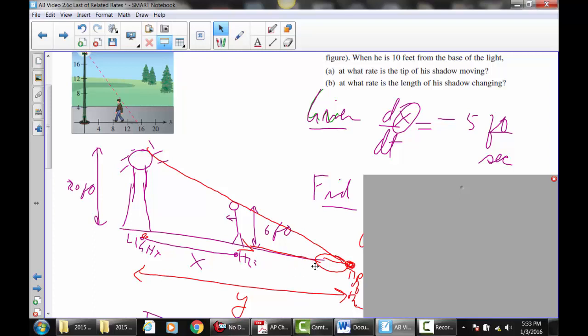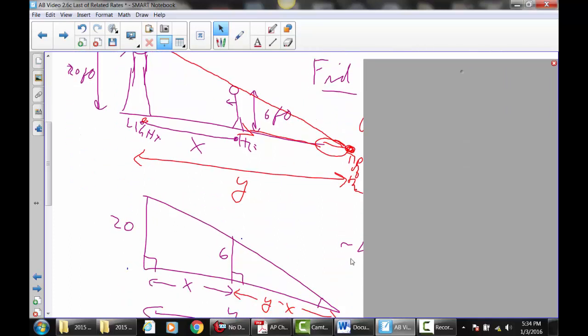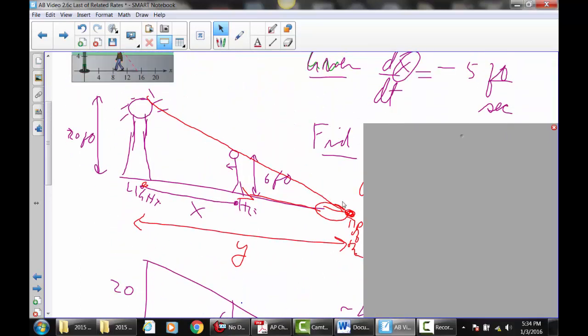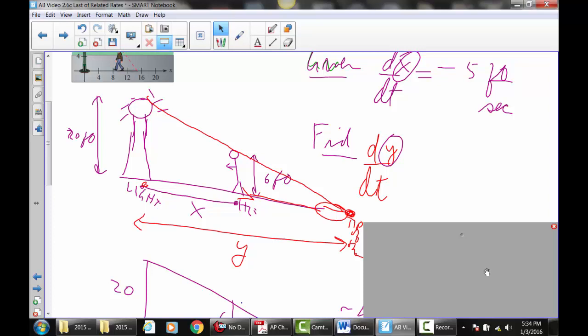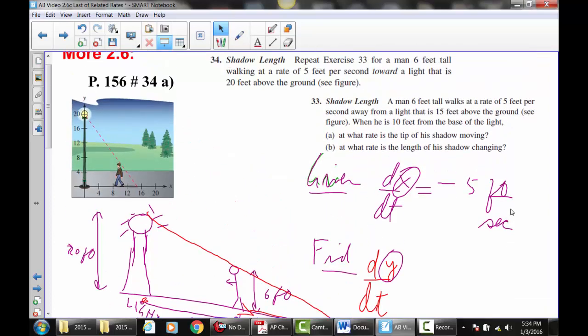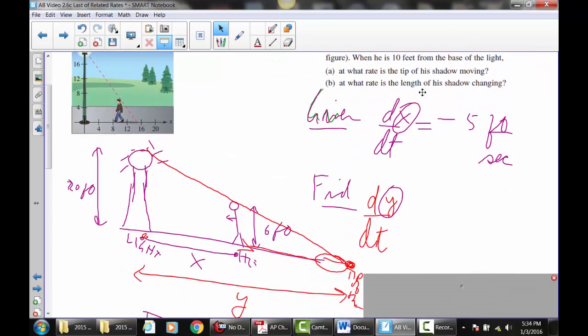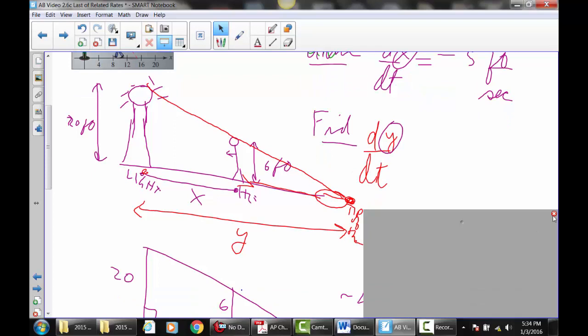This is the length of his shadow, which is part B. But the question for A is at what rate is the tip of the shadow moving? How far is the tip of his shadow from the light? That is the y we're looking for, so we're looking for dy/dt. Notice there's no "when", because we won't need one.